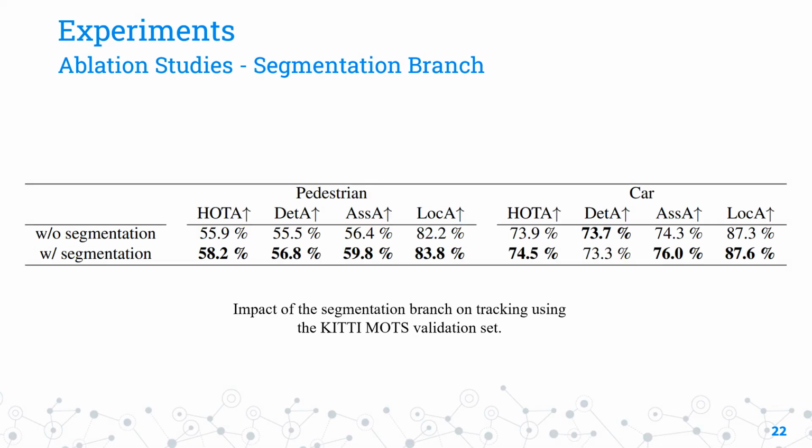By jointly training with the segmentation task, the tracking performance can be improved. Furthermore, because the backbone is shared for these tasks, the knowledge of foreground and background also benefits the tracking task.